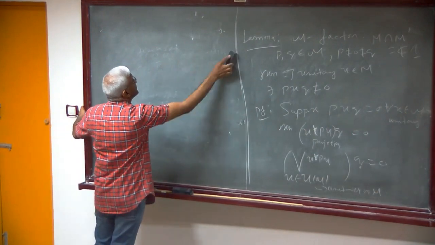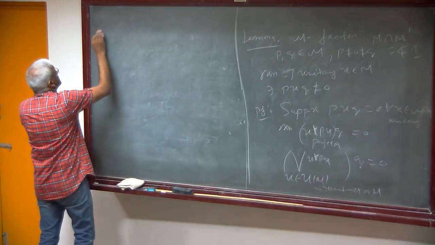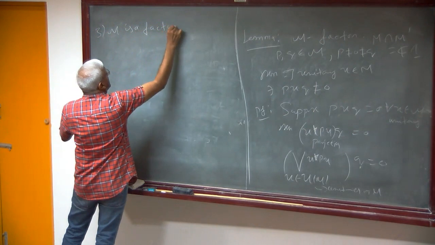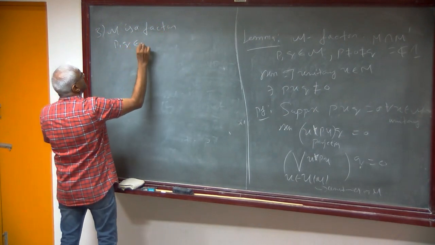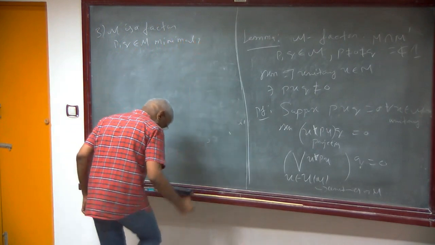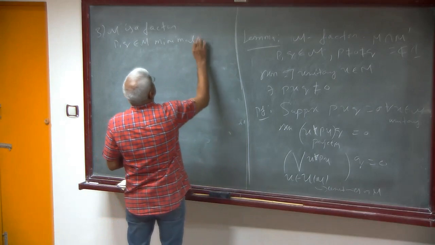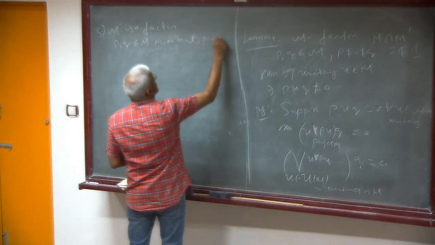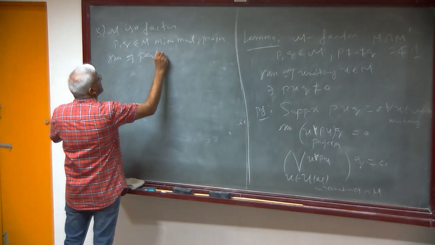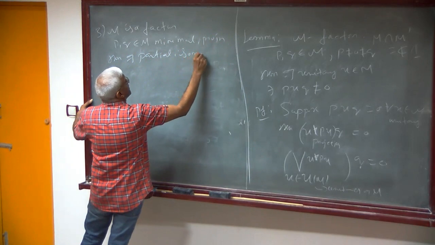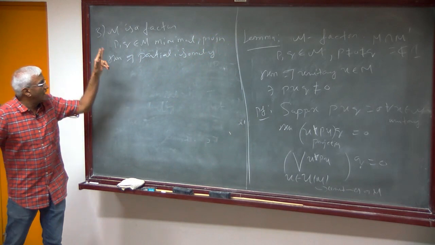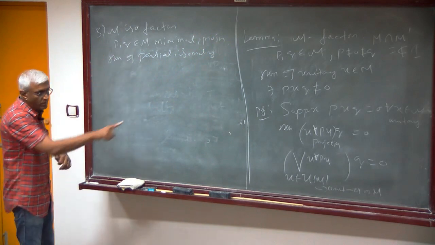So in particular, third observation: M is a factor and P, Q are minimal projections. Then there exists a partial isometry. Because M is a factor, there will exist a partial isometry which takes something under P, and the range space will be under Q, by that lemma.